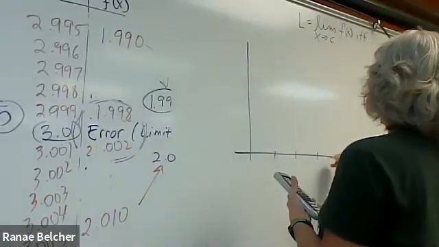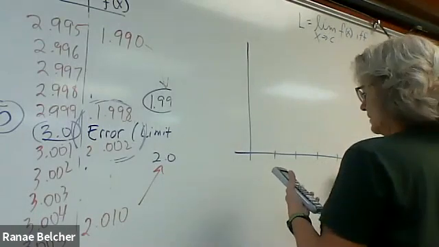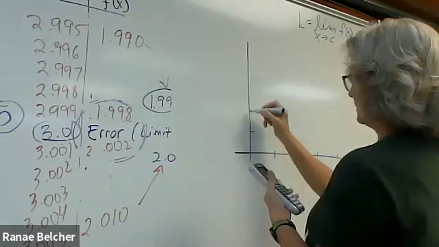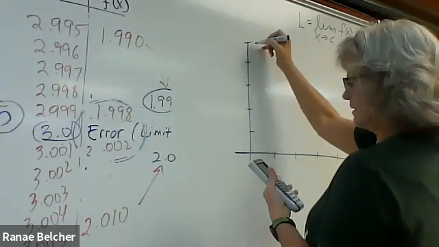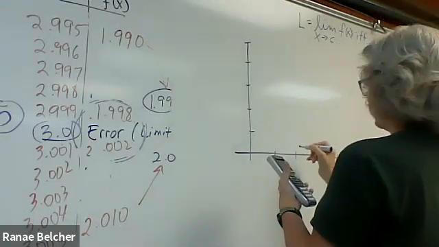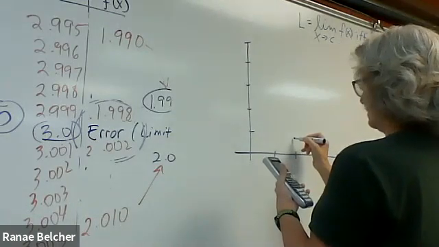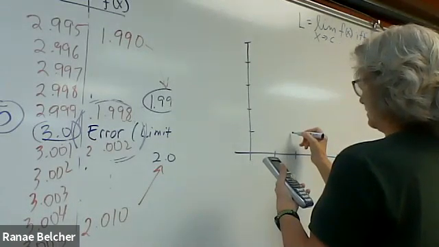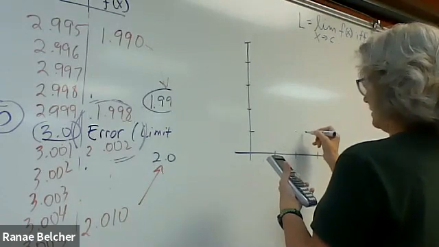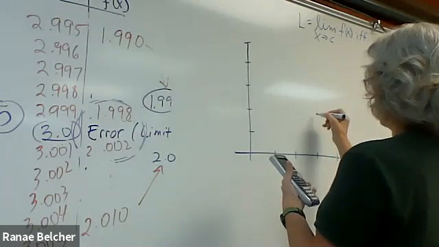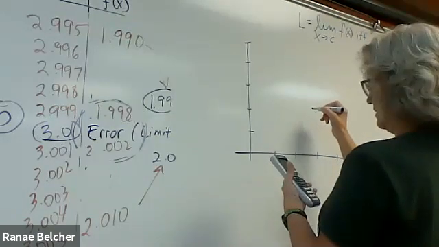1, 2, 3, 4, 5. 1, 2, 3, 4, 5. So kind of about right there, and then at 3, it's up here.